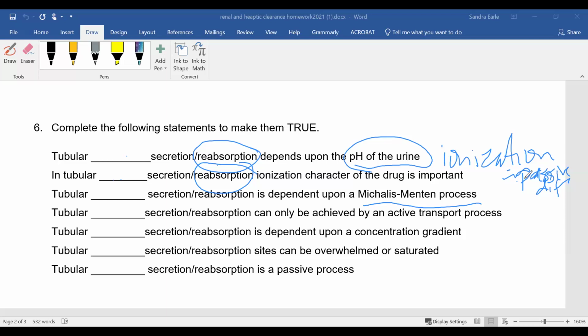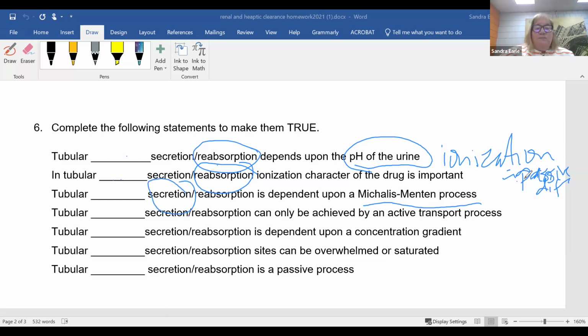Secretion. And that's because, remember, Michaelis-Menten is an active process, and secretion is our active process that occurs in the kidney that requires energy, requires a carrier system. Therefore, you have a capacity and affinity just like Michaelis-Menten, right?